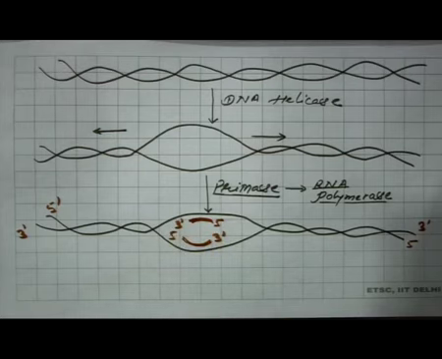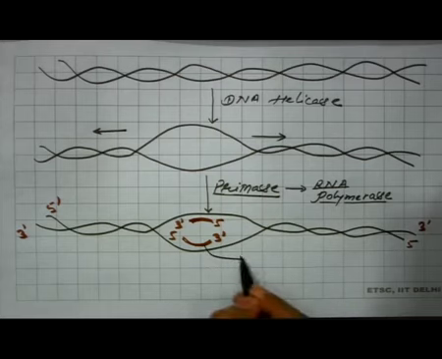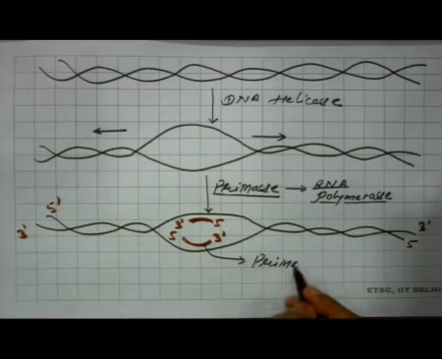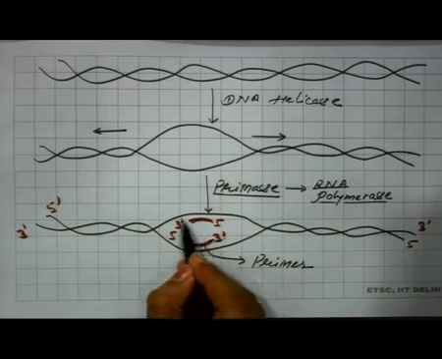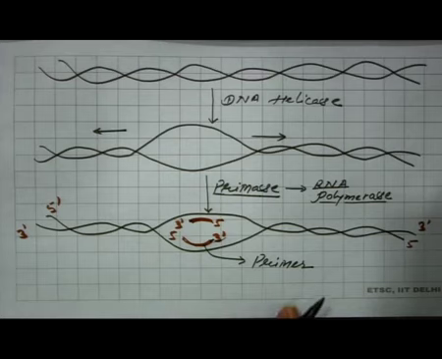These short segments of oligonucleotides synthesized by the primase enzyme are called primers. Now, this primer will provide a free 3' end in both the templates for the DNA polymerase to bind the new nucleotides, and then the DNA replication will begin.